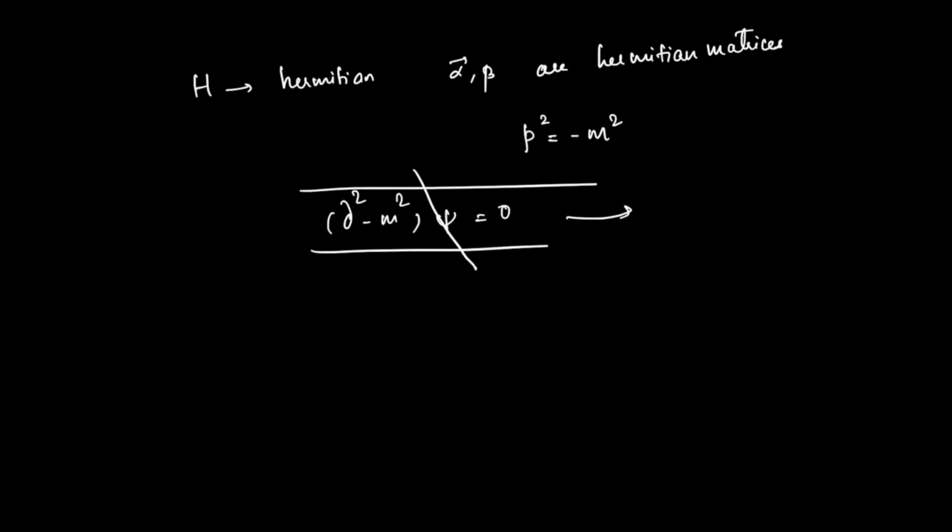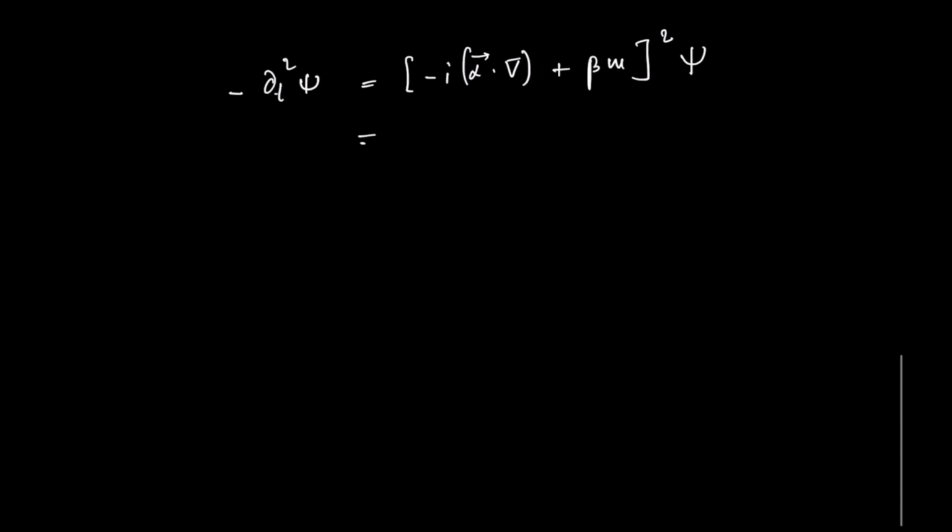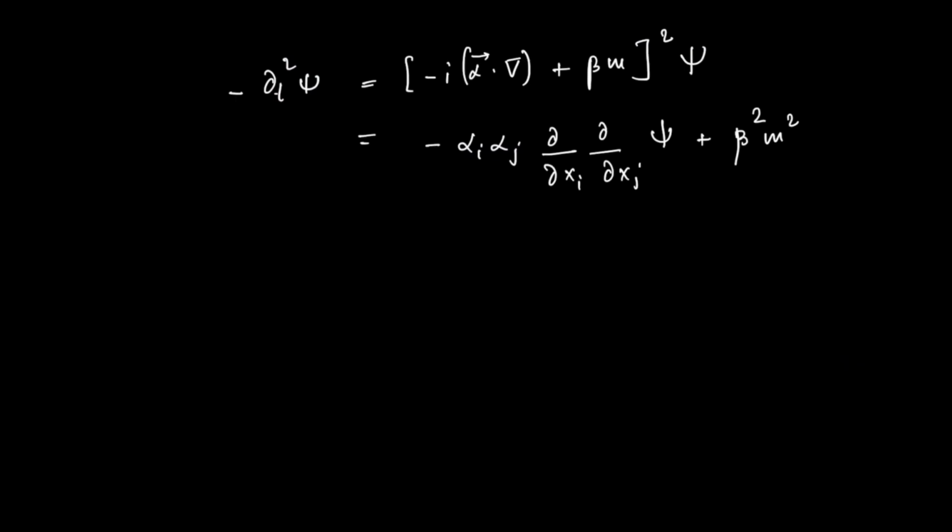So i square will be minus 1, so minus partial t square psi will be equal to minus i alpha dot gradient plus beta m, whole square psi, which is equal to minus alpha i alpha j, right, partial xi partial xj psi plus beta square m square psi.